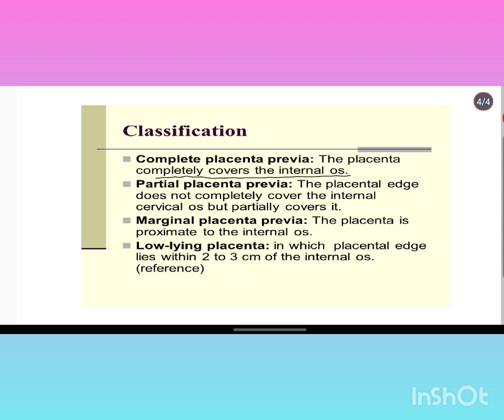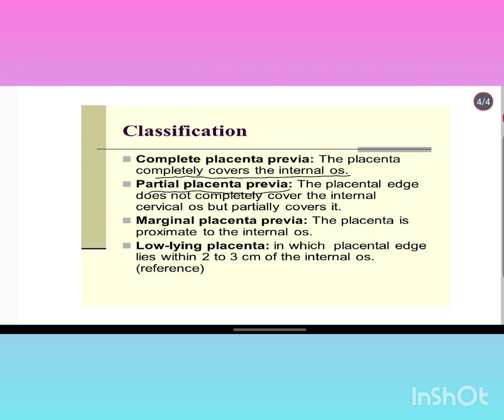The second one is partial placenta previa, in which the placental edge does not completely cover the internal os, but covers it only partially. So that is why it is called partial placenta previa.